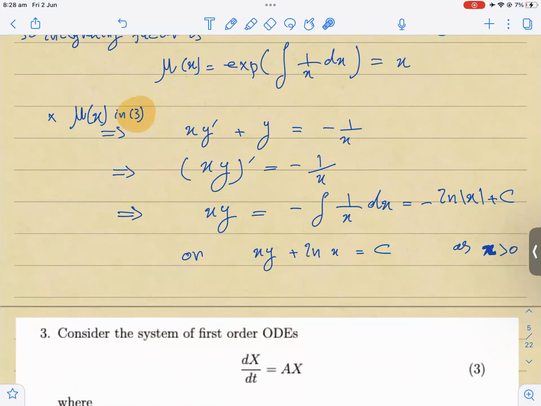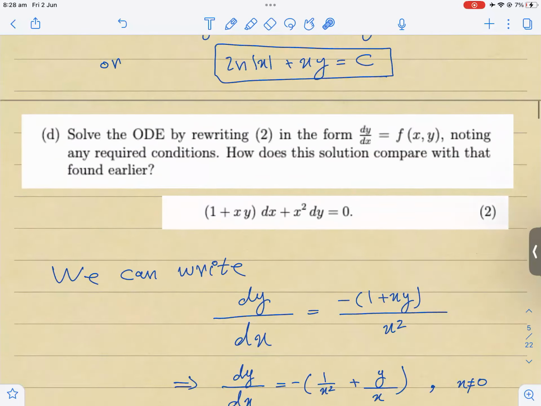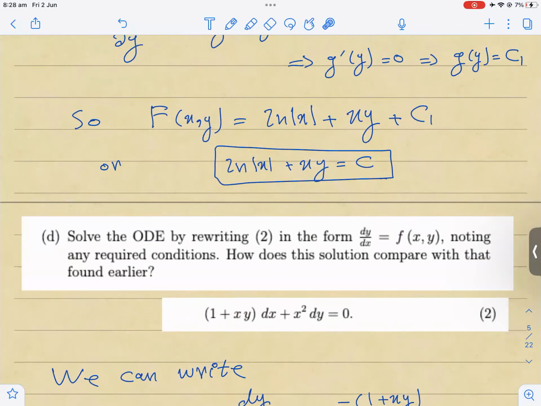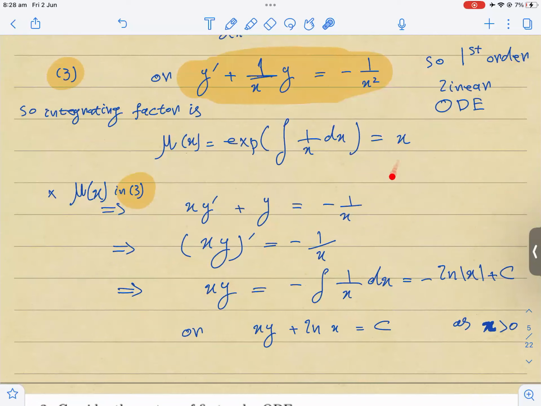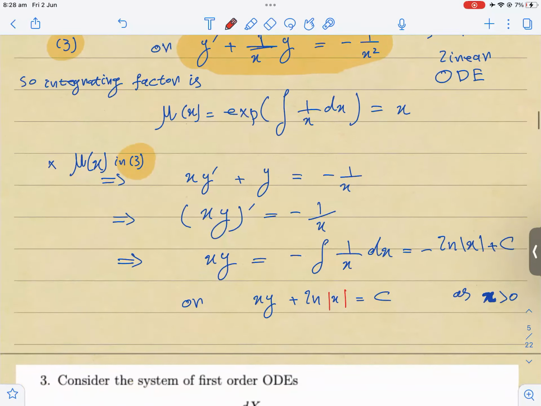So this will be the same as this guy. But the integrating factor is, since I put x, I don't need to put absolute value of x. But anyway, there is absolute value of x here, so maybe we should put absolute value of x as well.